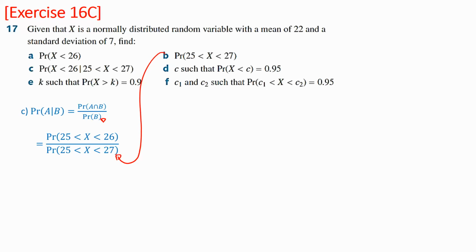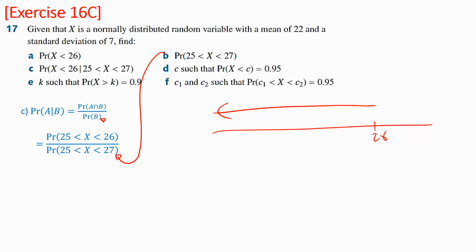What's the probability we don't have? So let's think about what we don't have. It says chances of A and B occurring. Now don't get intimidated by all these letters, but read it. This says when x is less than 26, when will that intersect with 25 to 27? So if you actually draw it out as a number line, I said less than 26, which looks like that.